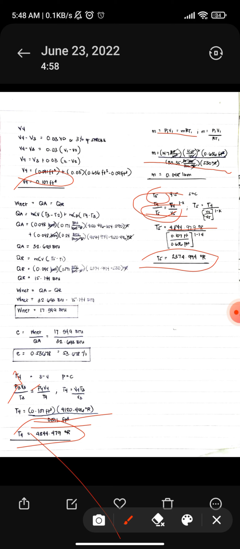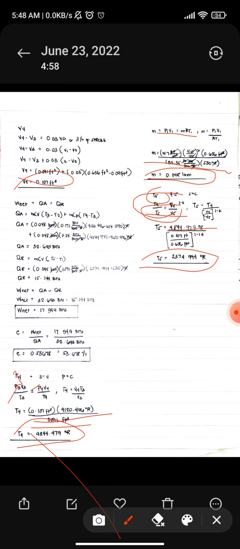P1 equals 40.7 pound per inches squared times V1 natin na 12 inches over 1 feet squared times 0.636 cubic feet over R natin na 53.35 feet pound force over pound mass degree Rankine times T1 na 530 degree Rankine. So M natin is equals to 0.048 lbm.